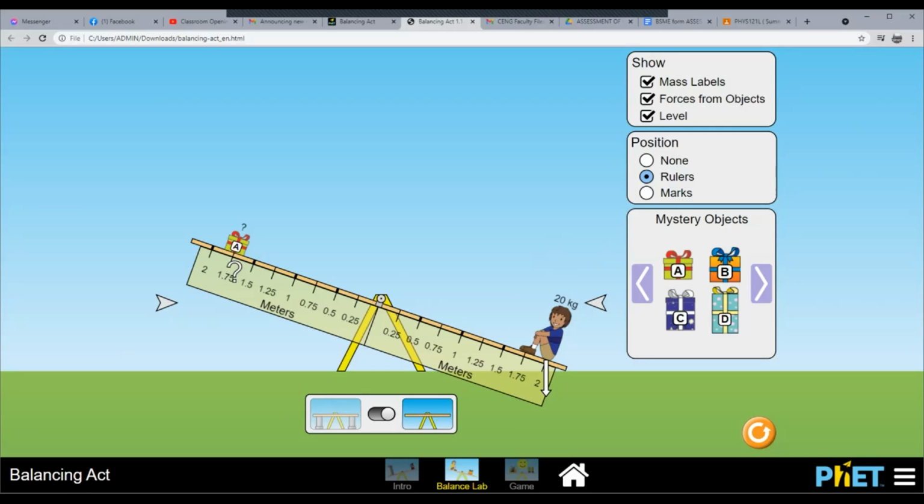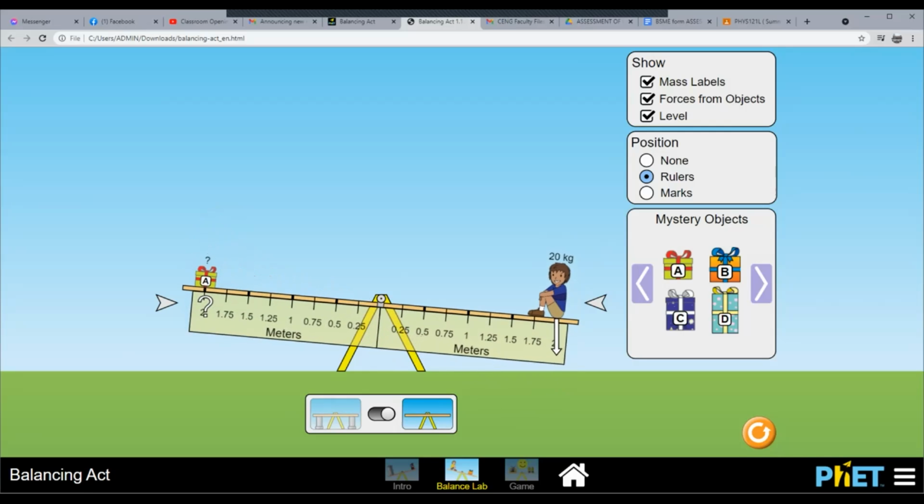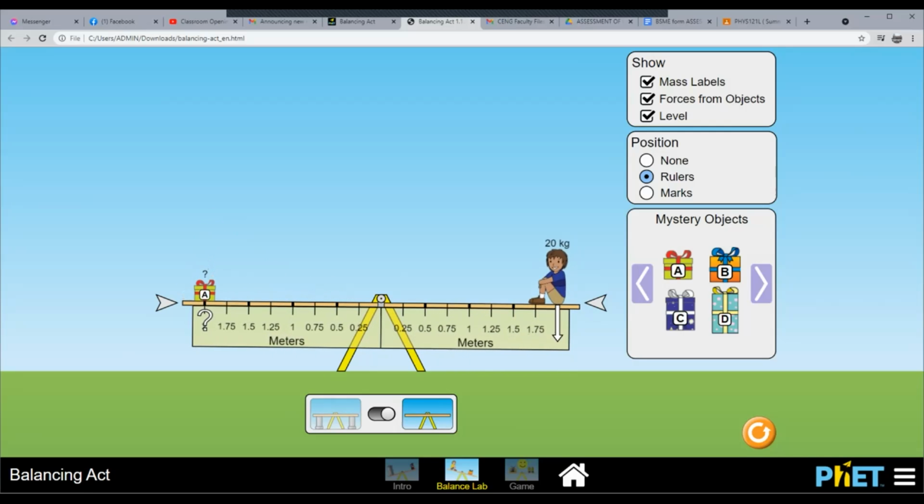Okay, so alin ang nababago? Alin ang may relationship? Yung distance po at saka po yung object. Pero yung bigat po ng object ay hindi po nababago. Okay, so yung effect ng bigat ng object doon sa balance condition ang meron, di ba?